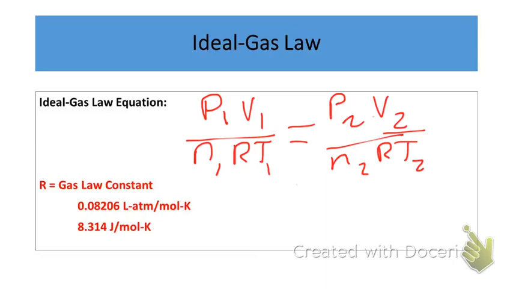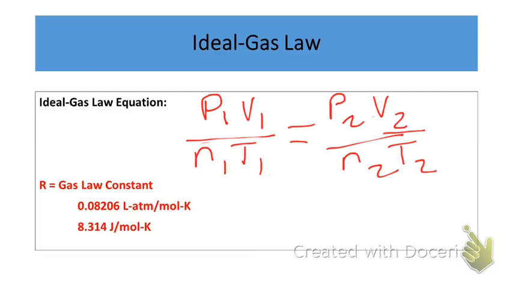All I've done is put it into a proportion. Now the R values are going to be the same on both sides, so we can get rid of those, leaving P1V1 over n1T1 equals P2V2 over n2T2. The R value we can remove from our equation because it's the same on both sides.